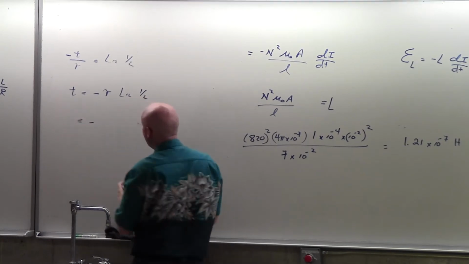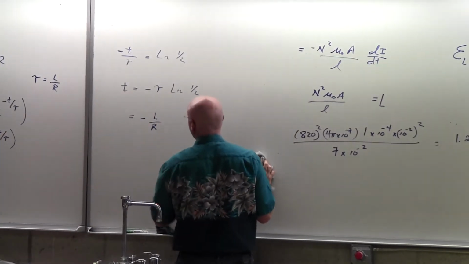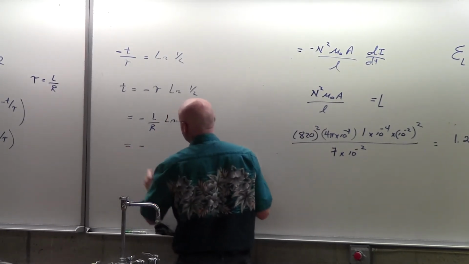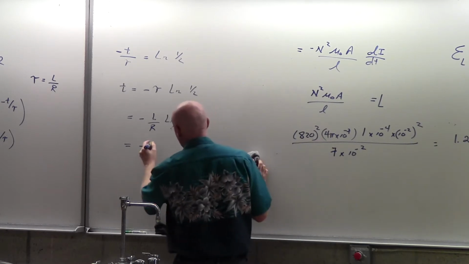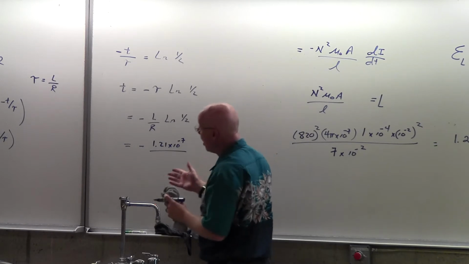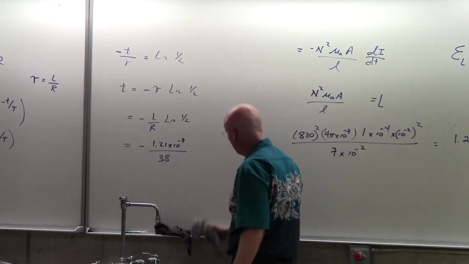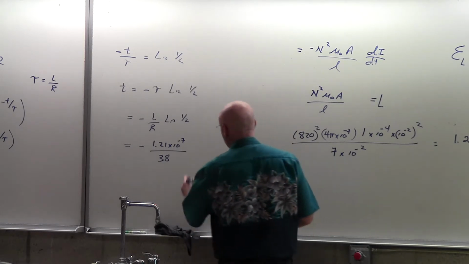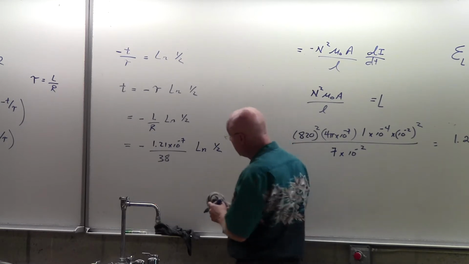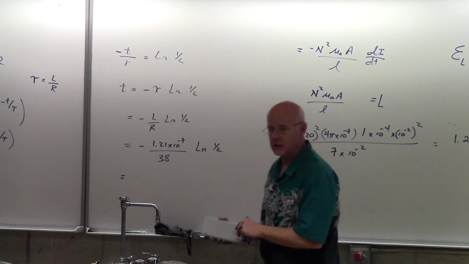And tau is this L over R natural log of 1/2. So here's the negative, and the L came out to be a really small number. The R, which we talked about earlier, is the 38, not just the 14. And then the natural log of 1/2, fortunately, is a negative number. I was getting worried about that negative in front, but now I see where it's going to have 2 negatives in it.